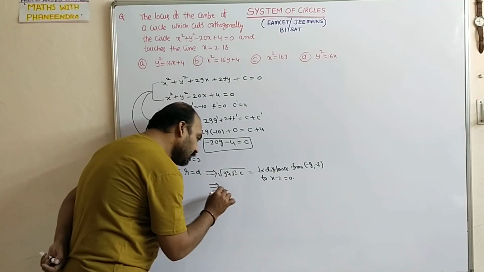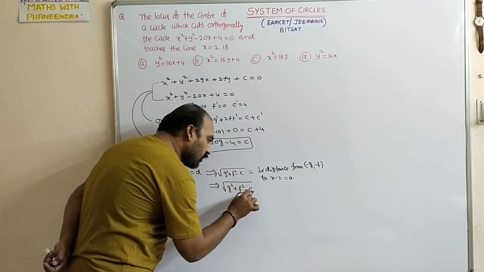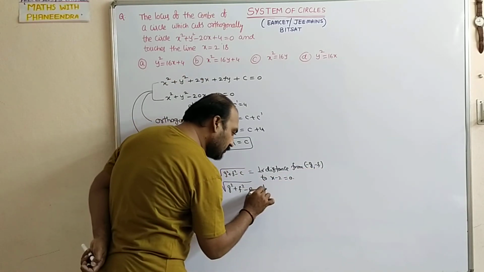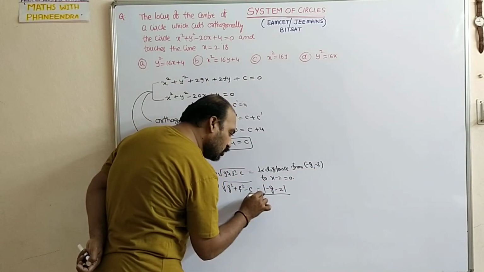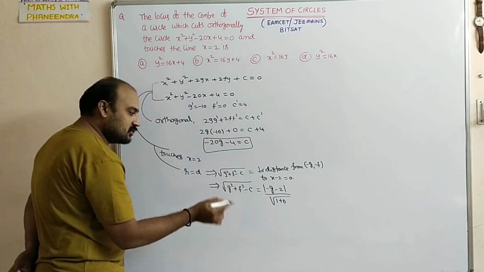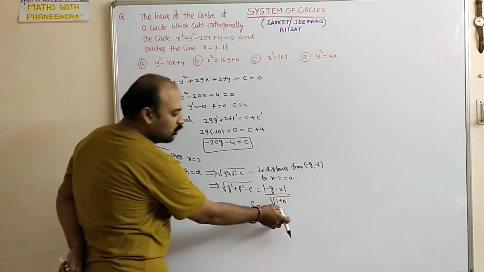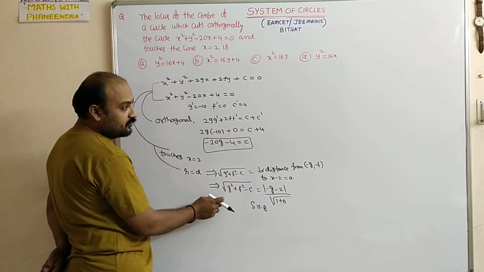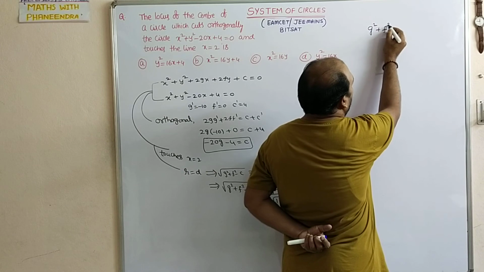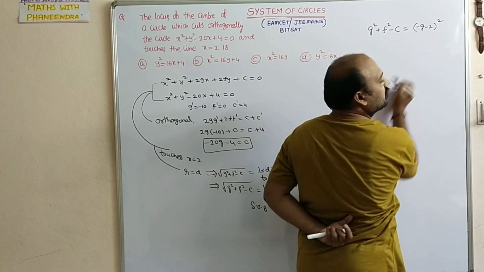Root over g² + f² − c is equal to mod, in place of x and y, −g − 2 by root over x coefficient whole square plus y coefficient whole square, which is 1 only. So squaring on both sides, you will get g² + f² − c = (−g − 2)².